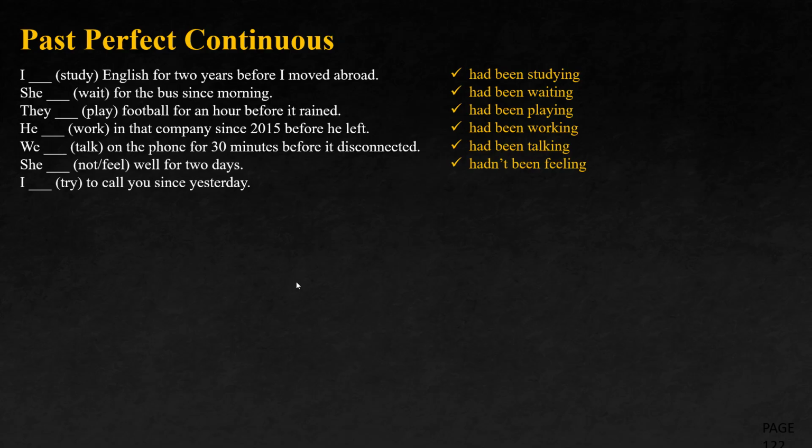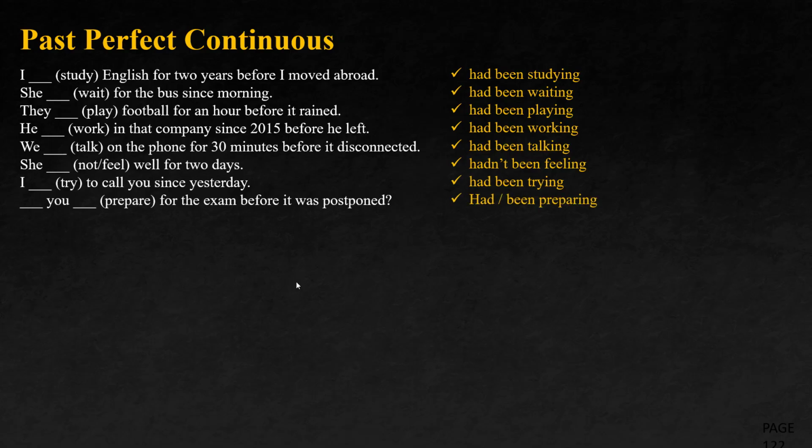Yogesh. I had been trying to call you since yesterday. Pallavi. Had you been preparing for the exam before it was postponed. Had you been. Okay. Pratham. He had been learning guitar for 3 months.